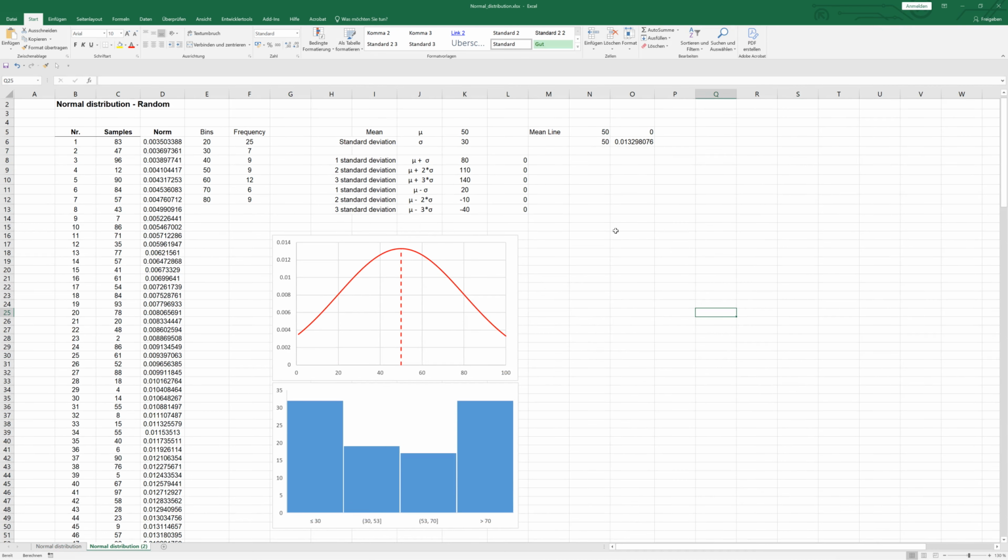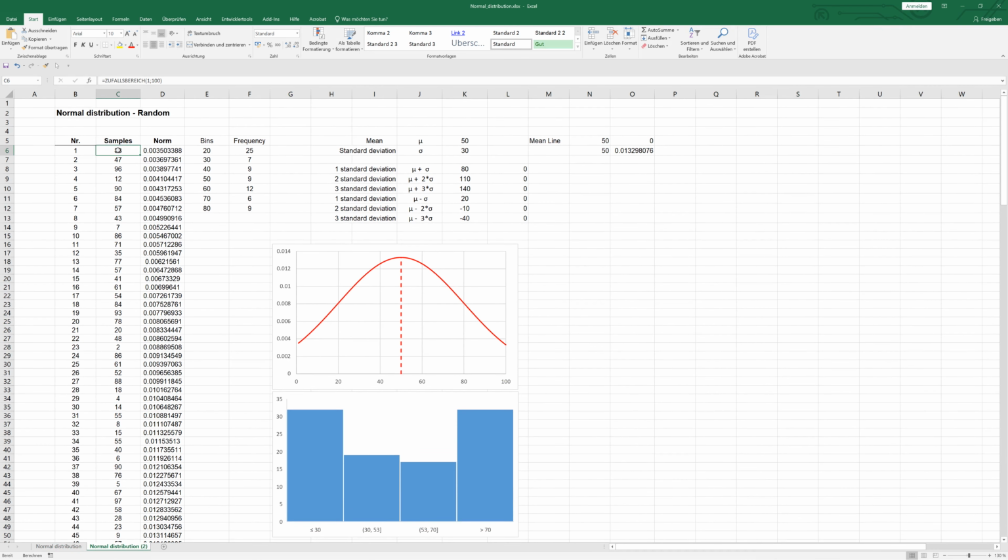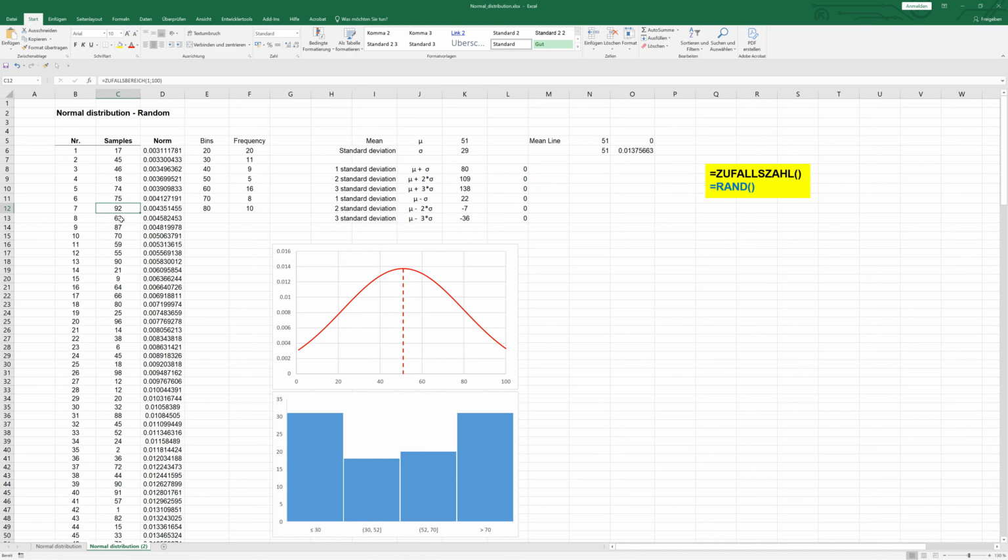I create an Excel sheet with random values for samples, random between 1 and 100, and with key F9 generate the numbers and watch how the diagram's normal distribution and histogram change.